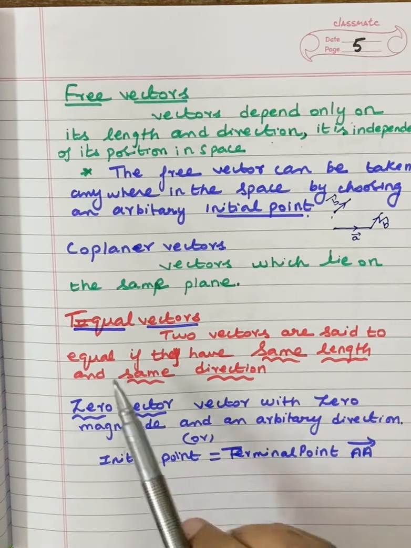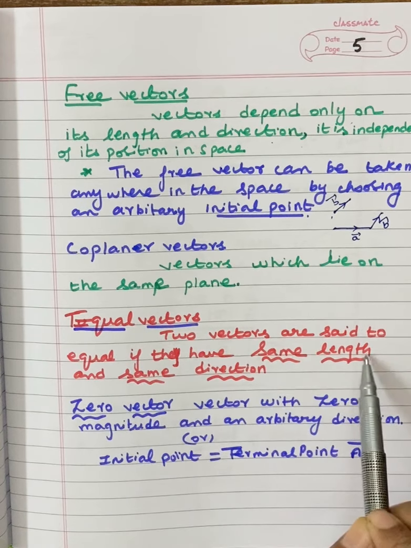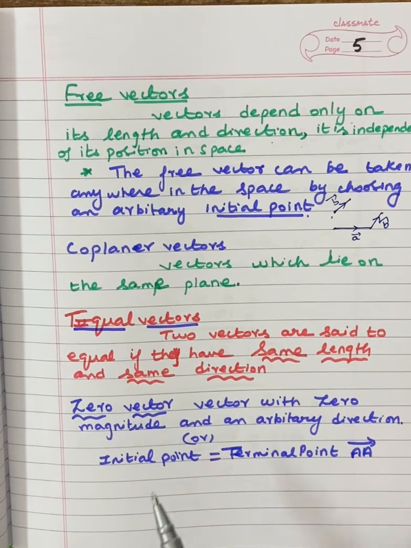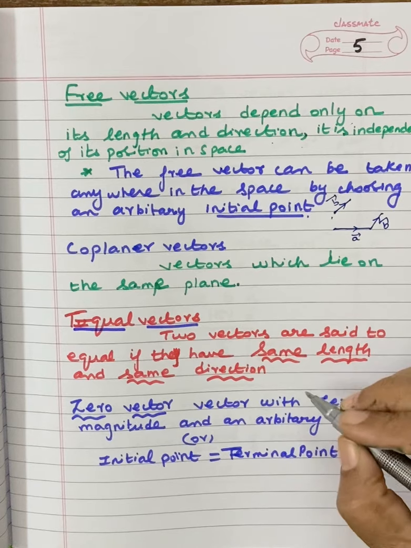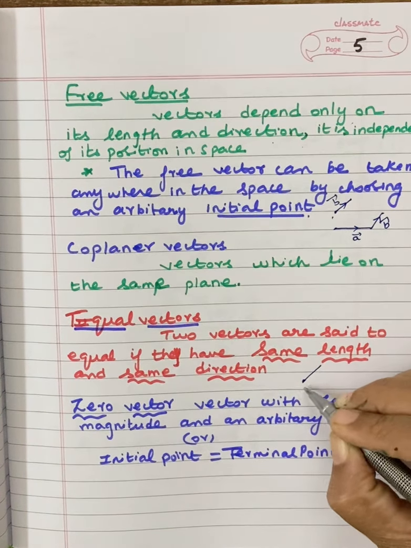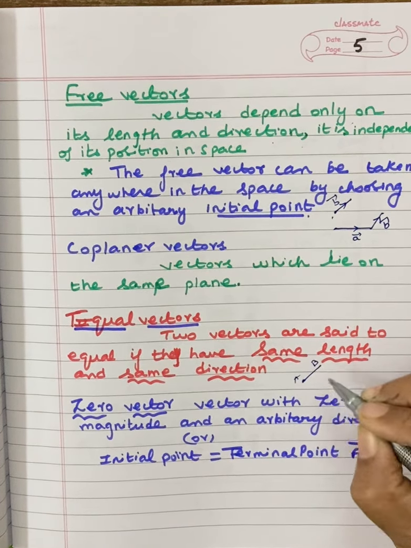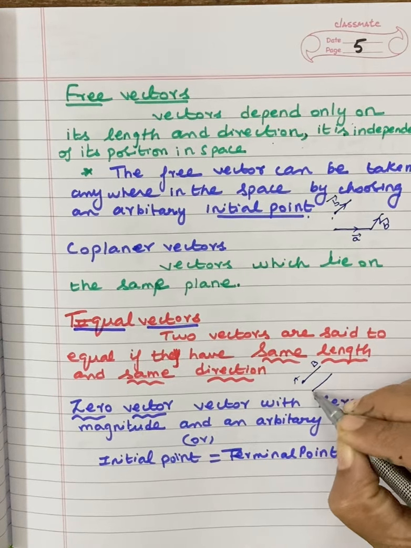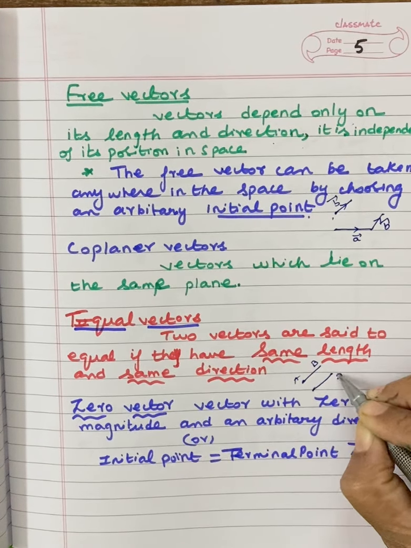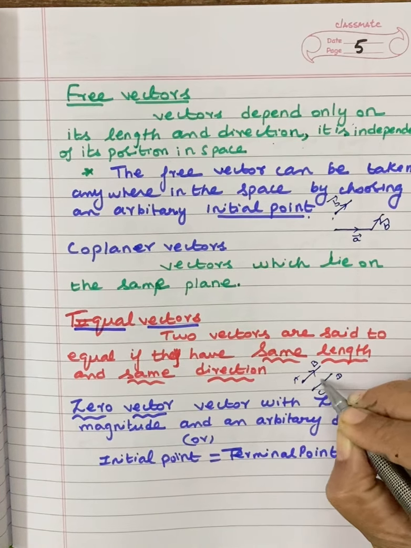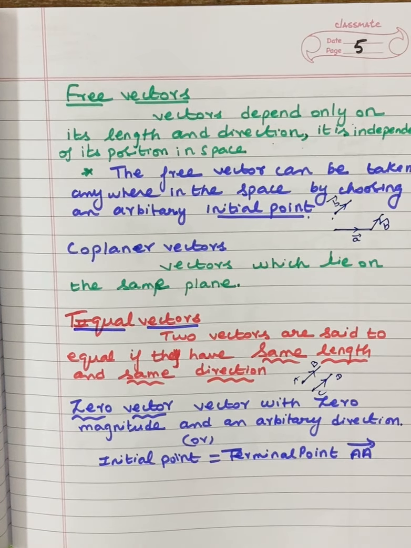Two vectors are said to be equal if they have the same length and the same direction. Very important: same length and same direction. AB and CD, with the same length and same direction, are called equal vectors.